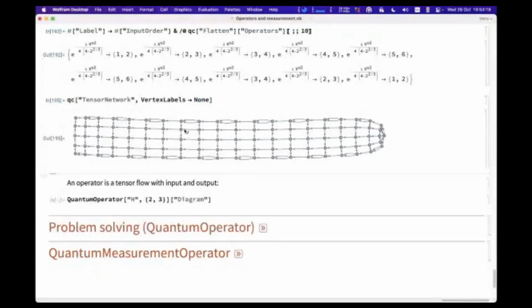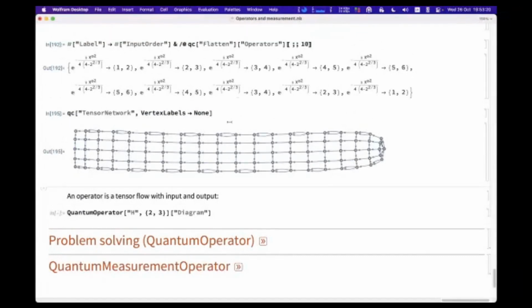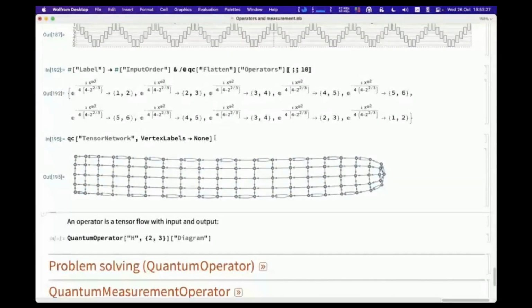So basically, this is a graph representation of, can we also show it with the indexes, what was the function?